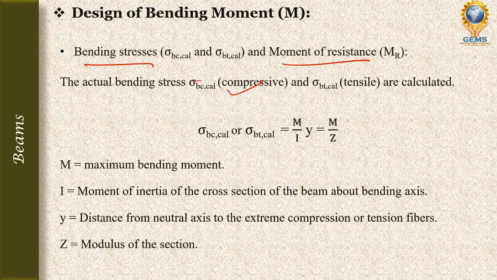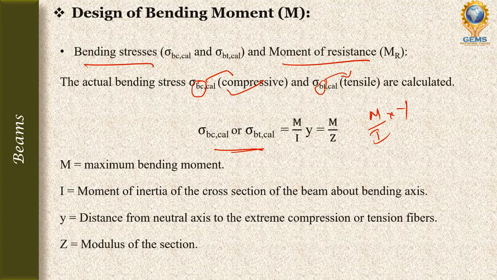Sigma BC, if it comes, means it is compressive. Sigma BT is tensile. How do we calculate sigma BC or sigma BT? It is equal to M by I into Y.